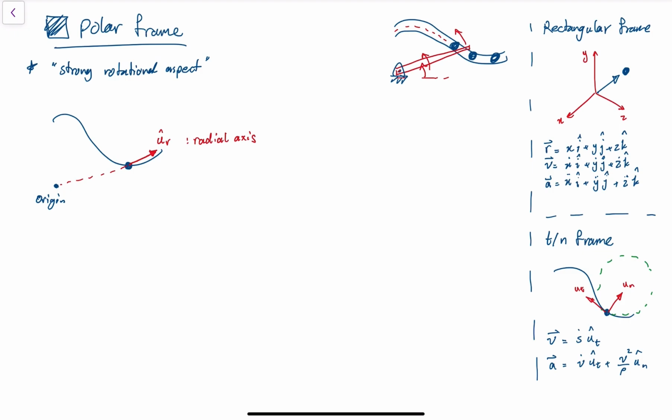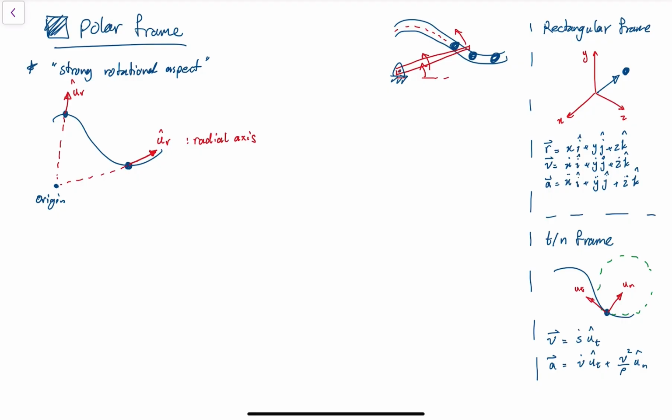So one thing you can immediately note here is as the particle moves to a different location, the radial axis turns. So it is similar to the tangential normal frame, a moving and rotating frame that becomes important when we study the velocities and acceleration.